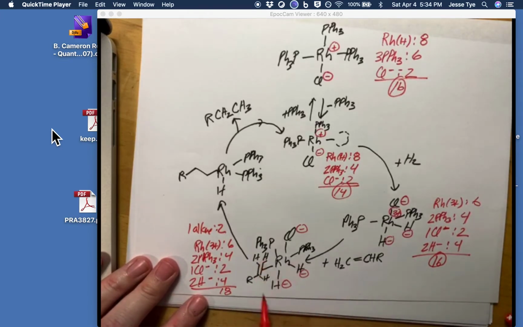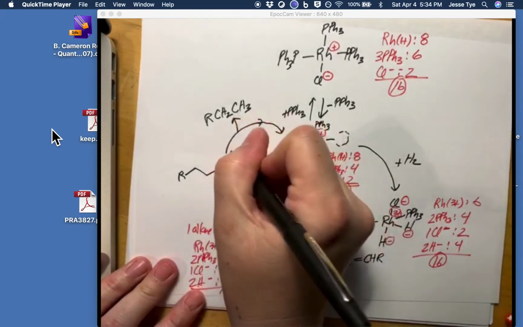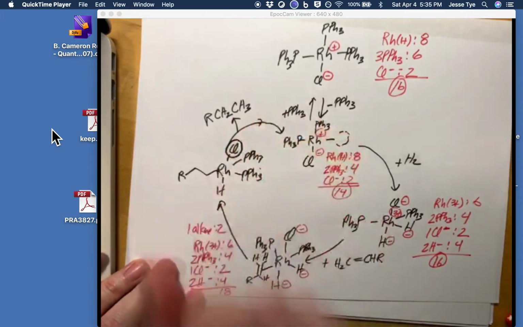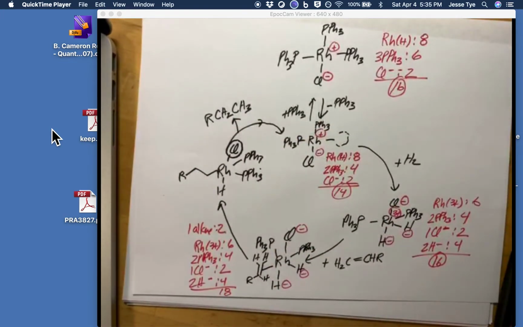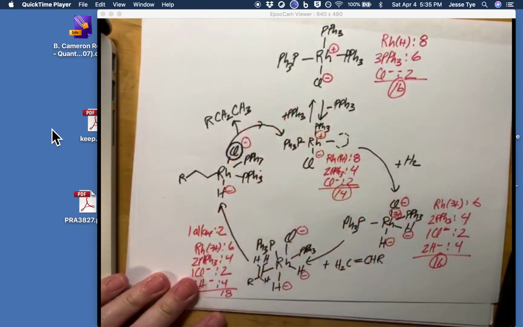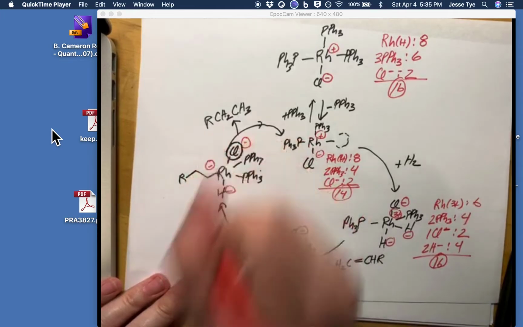All right, what's happened here? Now it's going to get more complicated. We have chloride here, which is a -1 ligand. We have hydride here, a -1 ligand. One of the hydrides reacted with the alkene to give this alkyl group. An alkyl group is also a -1 donor.